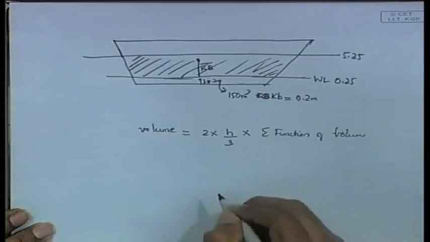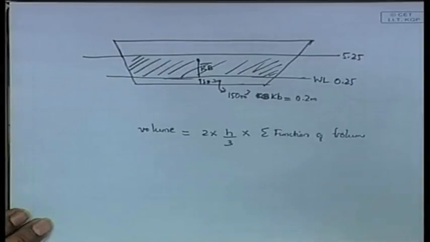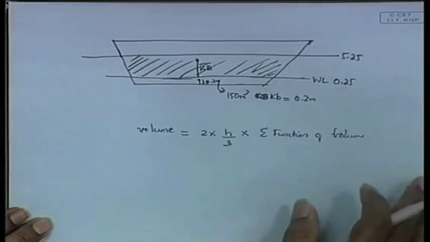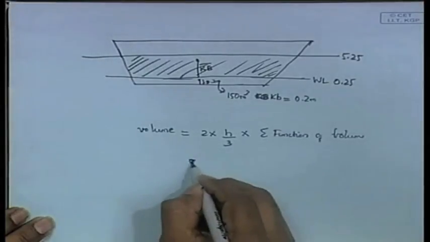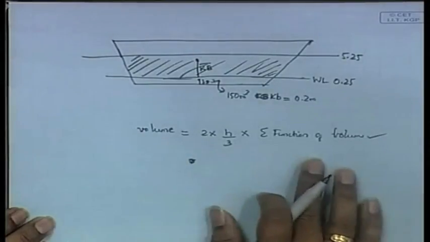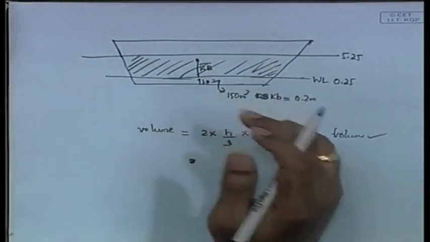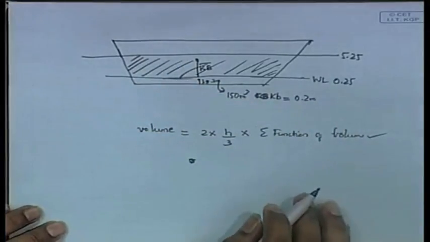You know how this h by 3 has come, it is because of the definition of Simpson's rule, h by 3 into 1 4 2 4 in general for a shape. So, this is how you find the volume of that whole section. So, you get this volume that we have seen. Okay.